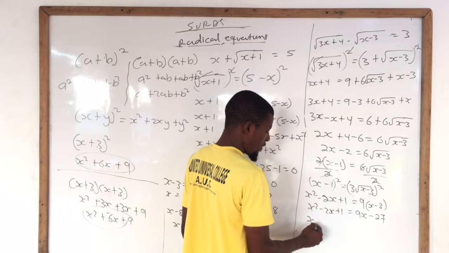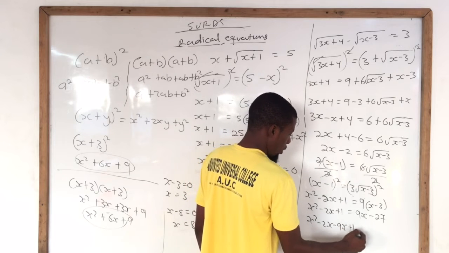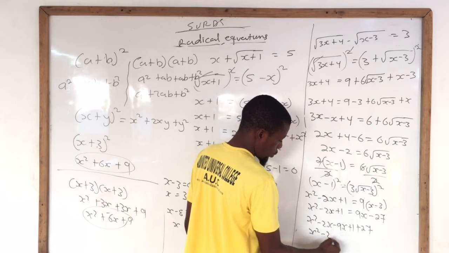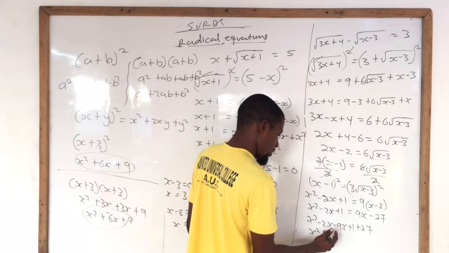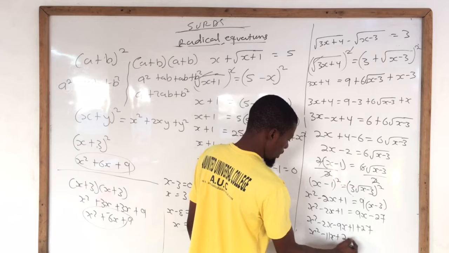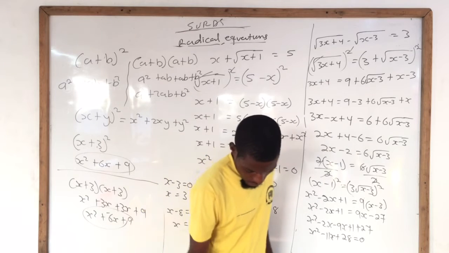Grouping like terms, I have x squared minus 2x minus 9x plus 1 plus 27. So I have x squared minus 11x plus 28 will give me 0. Okay?